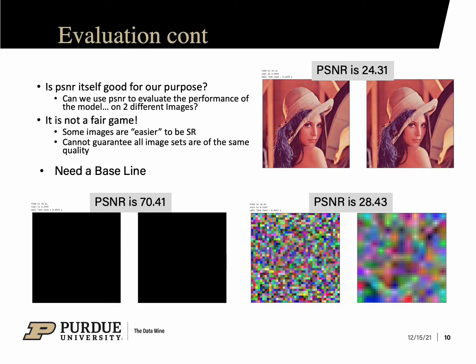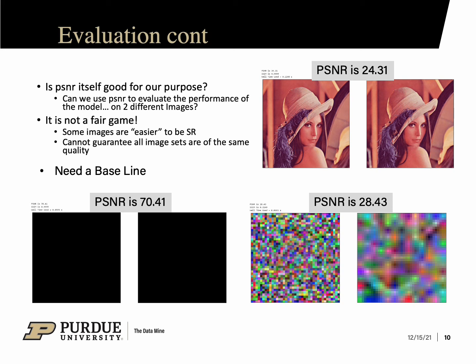So after we finish evaluating different model, I use PSNR to evaluate our model, but is PSNR good for all our purpose? As we can see, it is not a fair game between an image that is all black or a colorful image. The PSNR will perform better in this black image since it is easy to train.